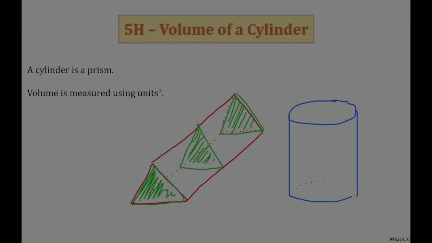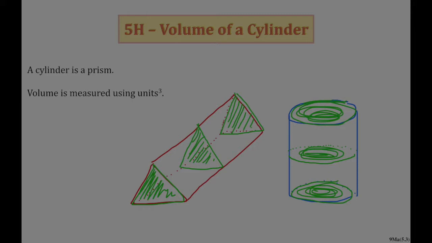The moment you do something like this, yes, if I look at it, let's say the area of the top is a circle. The area of the bottom is a circle. And if I actually went through and took a cross-sectional area, that would also be a circle. It's a circle all the way from top to bottom.